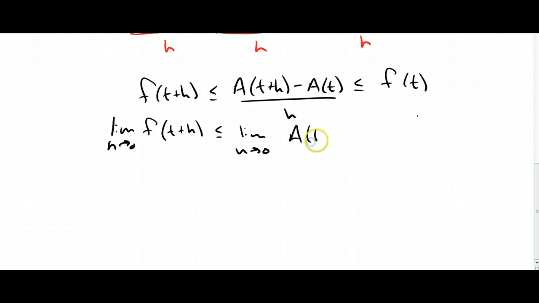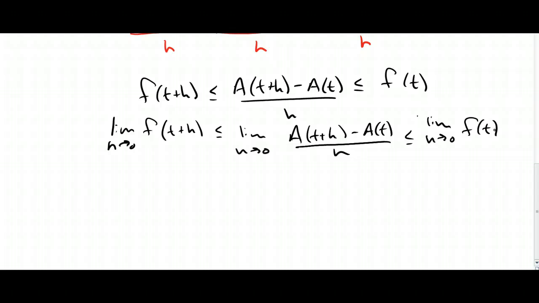So a of t plus h minus a of t divided by h is less than or equal to the limit as h approaches 0 of f of t. So nothing changes there. My inequality still holds.